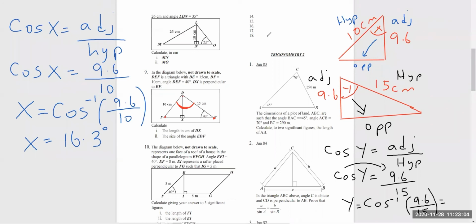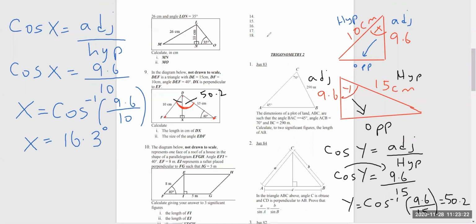To get this, you press second function, cosine, 9.6 divided by 15. And when you work this out, how much did you get? 50.2? Yes, nice. So we got this angle here being 50.2.